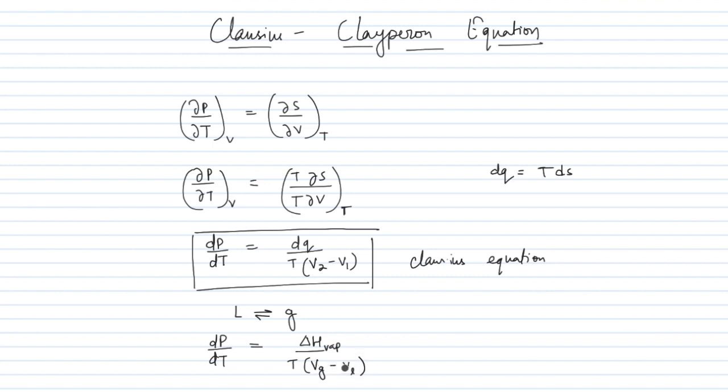Okay, so volume of gas minus volume of liquid. So this particular equation is called the Clausius Clapeyron equation.